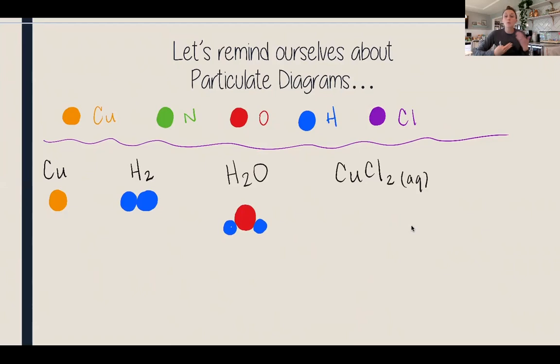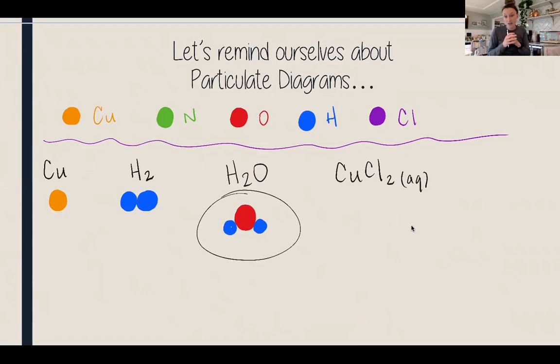So when we draw this, we don't want to draw it as a discrete molecule. We don't want to draw it like our water molecule over here. Because when something's dissolved in water, remember, we don't have a copper 2 chloride molecule. What we have is a dissociated copper 2 molecule. So I'm going to have copper ions and chloride ions.